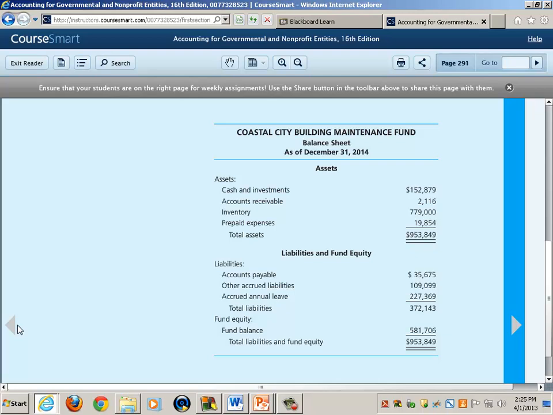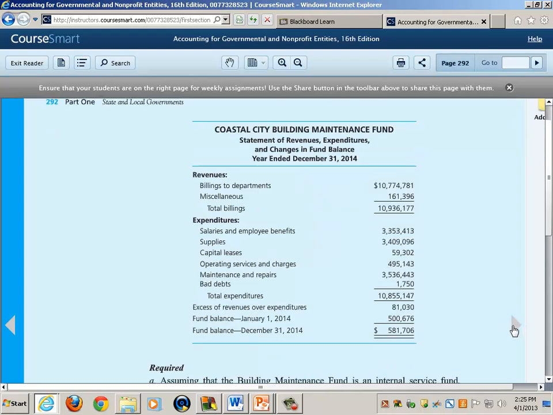Let's take a look at the next statement. What do you see here? Anything unusual? First of all, the title of the statement, what does it say?